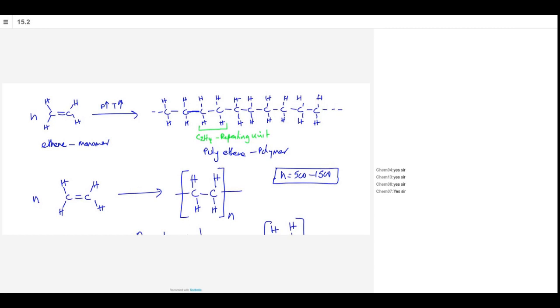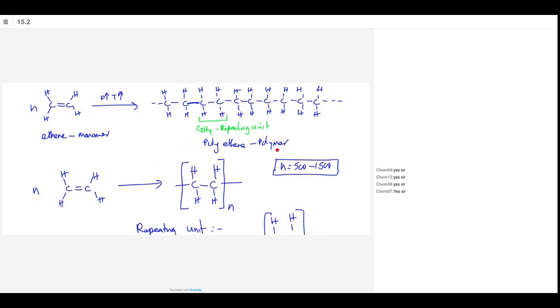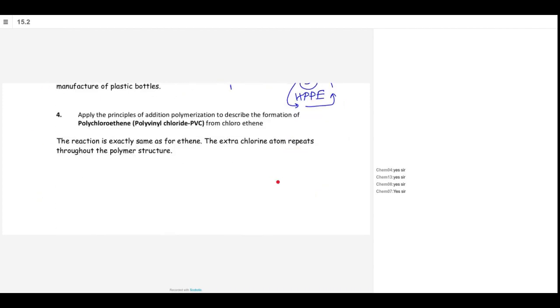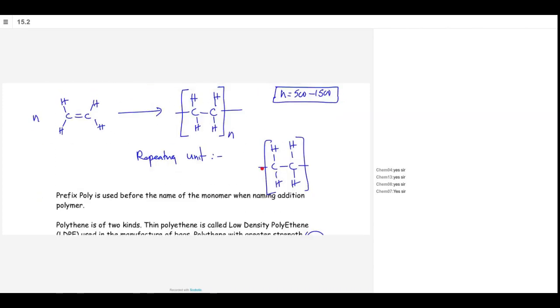Any questions? If not, you can copy this. This is on page 13 of the tute.